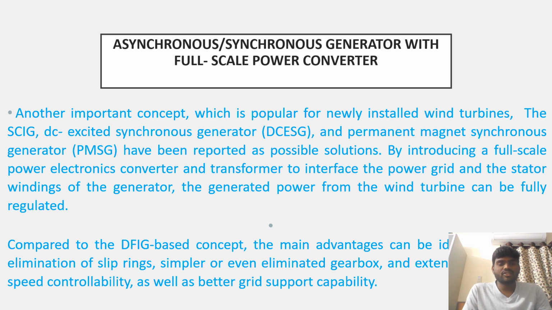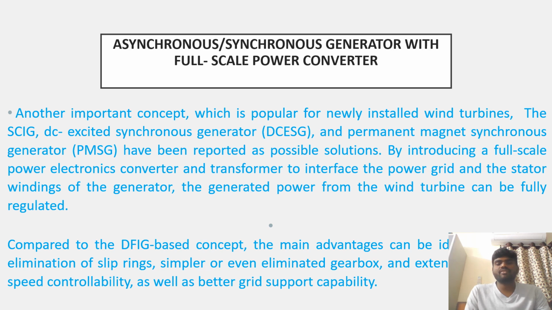So the next topic is the synchronous generator with full-scale power converters. Another important concept which is popular for newly installed wind turbines: the DC excited synchronous generator and the permanent magnet synchronous generator have been reported as possible solutions by introducing a full-scale power electronics converter and transformer to interface the power grid and the stator winding of the generator.